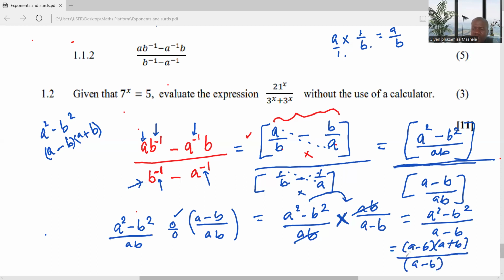But this one is relevant for grade 11, not grade 10, guys. So we divide this, and the final answer will give us a plus b. So it's testing us on simplifying expressions that have negative exponents.